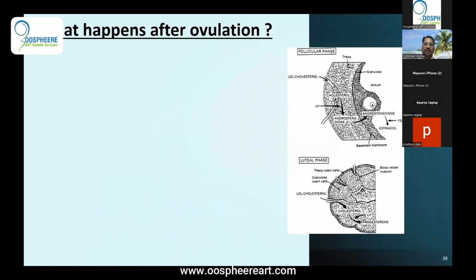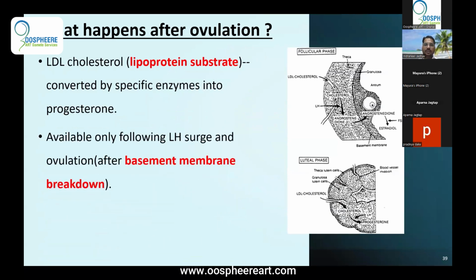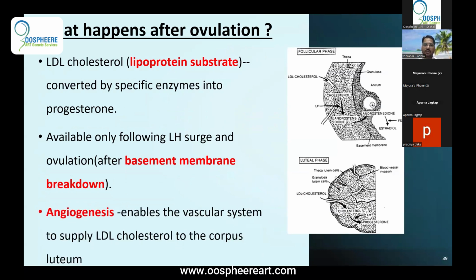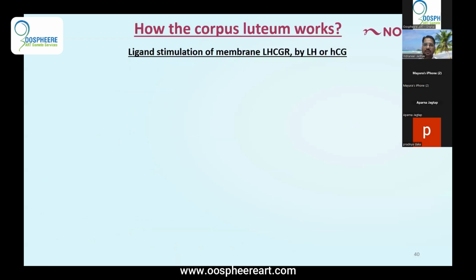So what is actually happening after ovulation is that LDL cholesterol or lipoprotein substrate is converted into progesterone, and due to the LH surge and ovulation, the basement membrane is broken down and angiogenesis happens, and there is formation of corpus luteum, and hence this corpus luteum works by many mechanisms.